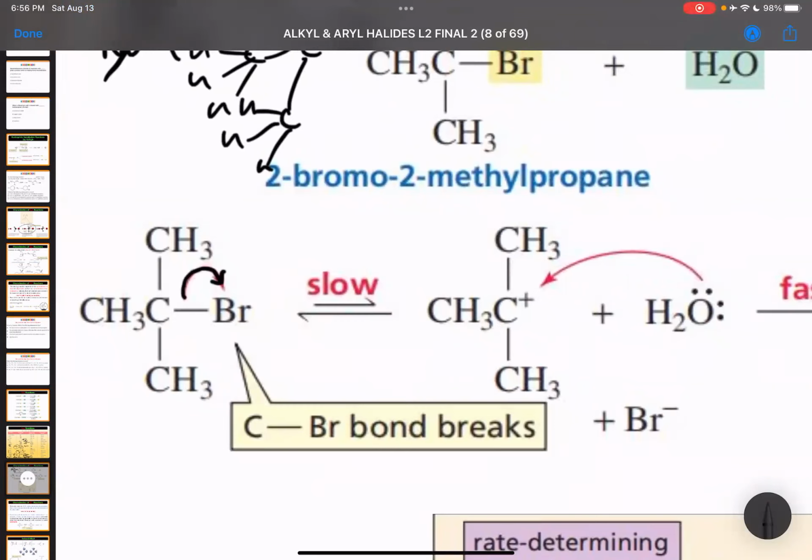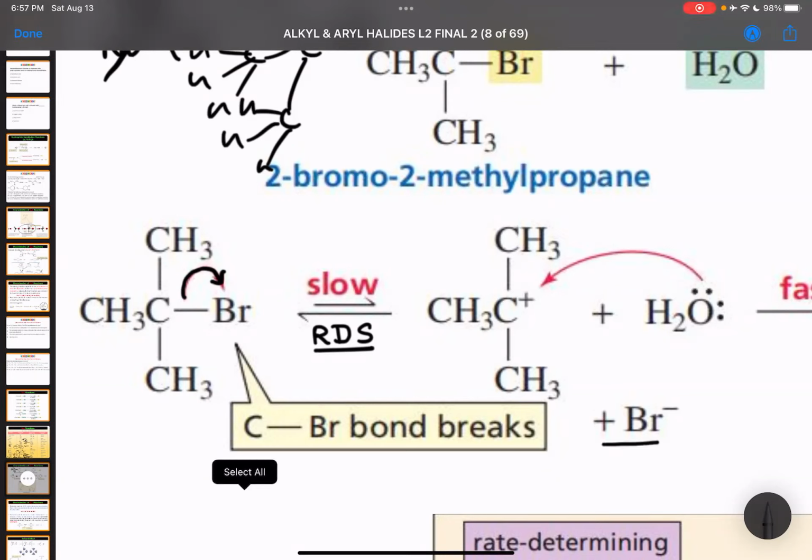So what happened? This is going to be a slow step, and it is known as RDS. What does this mean? It's a rate determining step. So all the factors which are important for this step will affect the rate. And what happens if the leaving group comes out?